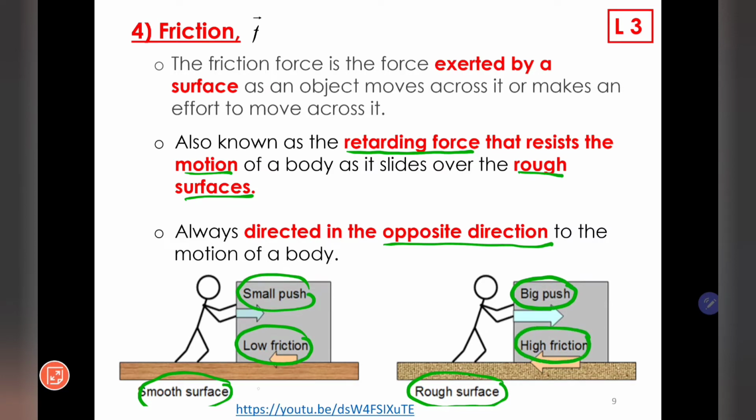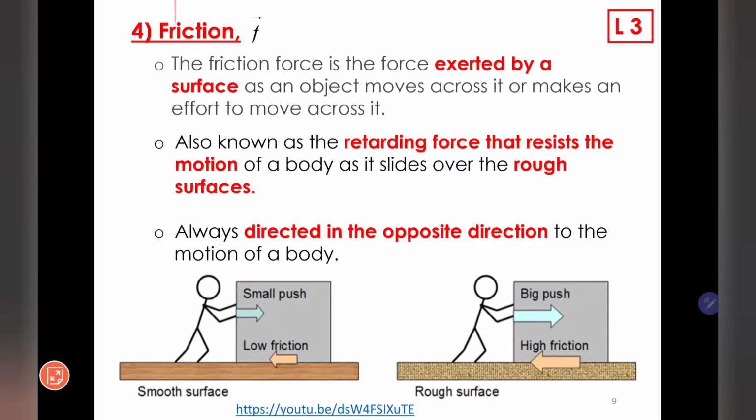Alright, so on the smooth surface, it's quite easy for you to move an object, isn't it? But on any rough surface, it's very hard to move an object, so we need greater forces here to move the object. Then the friction is very high actually. Okay, I think you may refer to the link given here. Based on the video, you may understand it very well later.